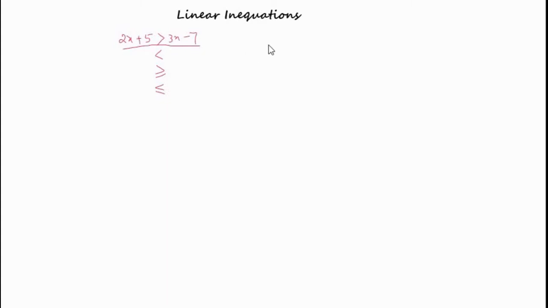Some of the examples: 4x greater than 0, 5x plus 3 less than 9, 2x plus 5 greater than or equal to 8x plus 9, 3x plus 1 less than or equal to 6. All these four are examples of linear inequation.